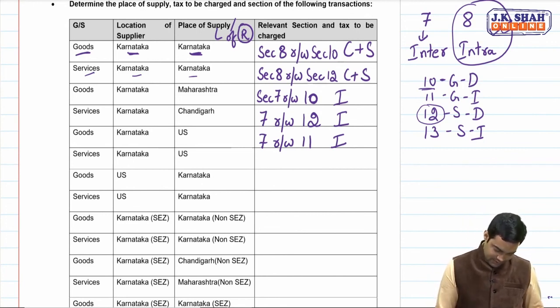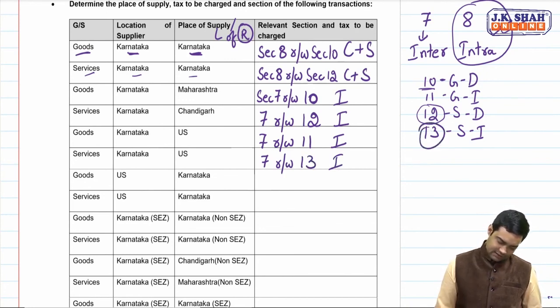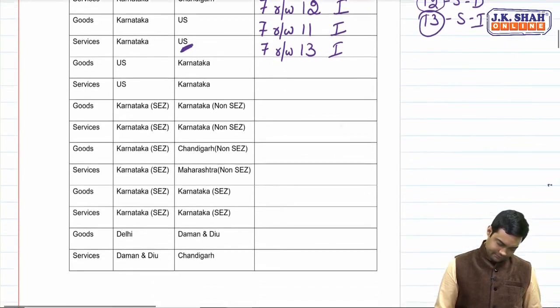So this will be section 7 read with 13, and it will be IGST. Why 13? 13 is services international transaction.